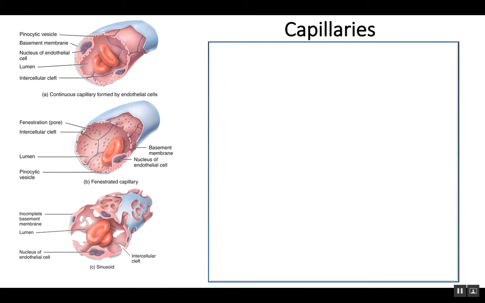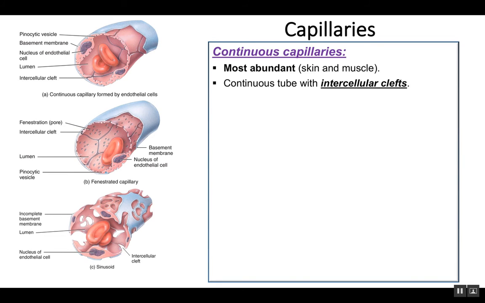Capillaries themselves have a few different varieties, so not every capillary is the same throughout your body. The most abundant capillaries we call continuous capillaries. They're the ones found in your skin and your muscle. They have a simple squamous epithelium surrounded by a basement membrane, and we can do exchange either right through the cells or in between the cells.